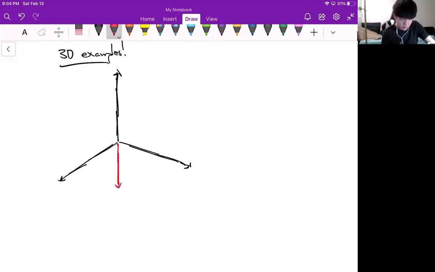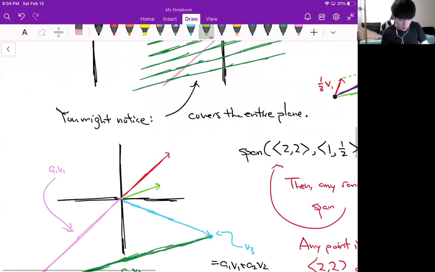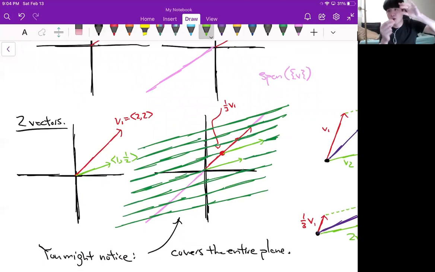Okay, well, what happened up here? I took one line, extended it in both directions forever, and slid it along the other line. So if this is v1 and this is v2, I just took this whole line and slid it up and down, and by sliding it up and down, it covers the whole plane.